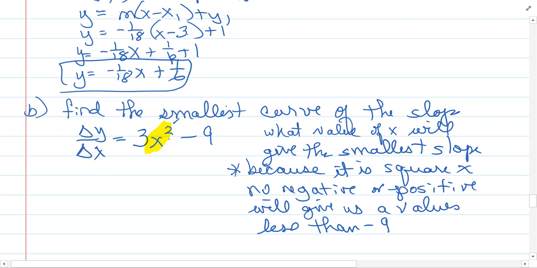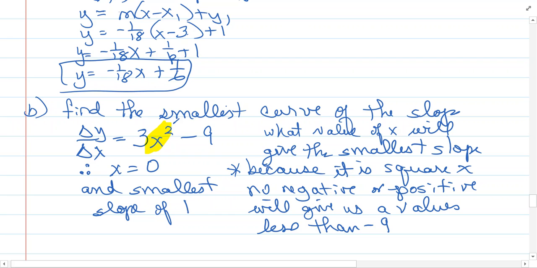In other words, if we put in a 2, then I have a positive 12. If I put in a 1, it'll give me a negative 6. So therefore, x must equal 0, and the smallest slope of the line is negative 9. Negative 9.